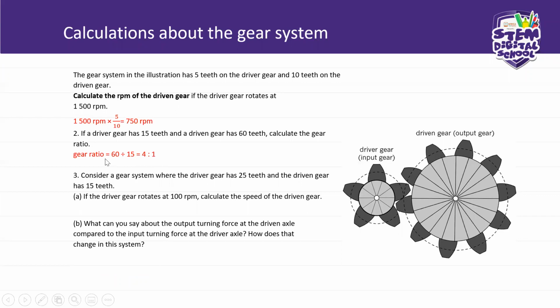The gear ratio will be 60 divided by 15. Gear ratio equals the number of teeth on the driven gear divided by the number of teeth on the driver gear. So the answer will be 4:1.